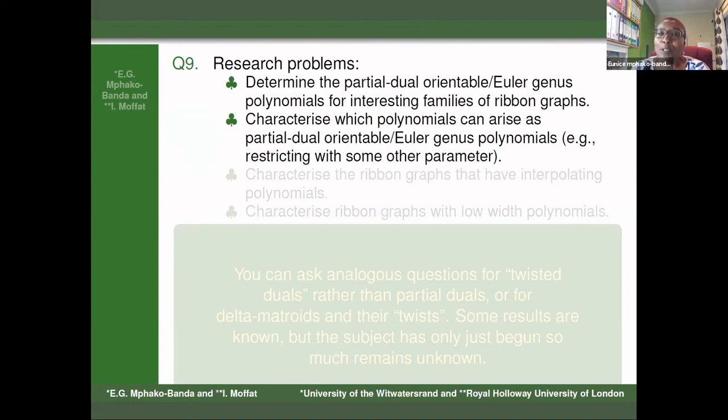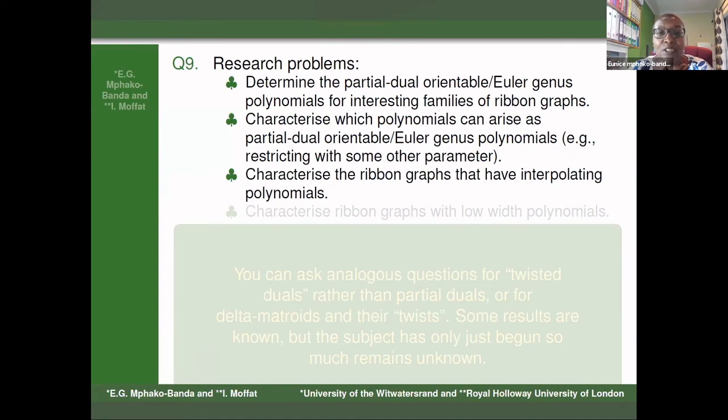Here you need to know other polynomials of ribbon graphs. Then from there, you start working by restricting your polynomials to other parameters. So these are just open questions which one can consider.